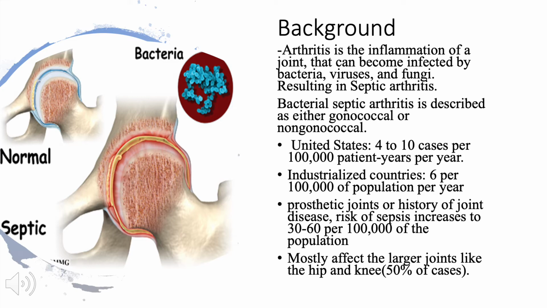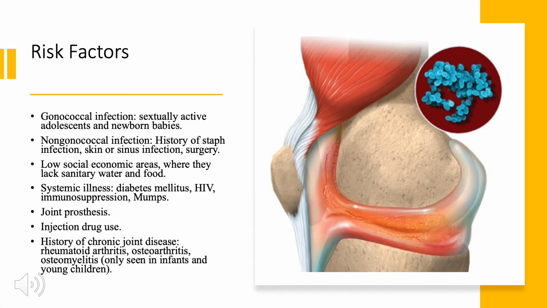Prosthetic joints or a history of joint disease put patients more at risk for septic arthritis. And in 50% of most cases, larger joints like the hip and the knee are usually affected the most. There are several risk factors for septic arthritis. Gonococcal infections are usually more seen in sexually active adolescents and newborns. I say newborns because if a pregnant mother has a gonococcal infection, she could potentially spread that to her newborn baby during labor.